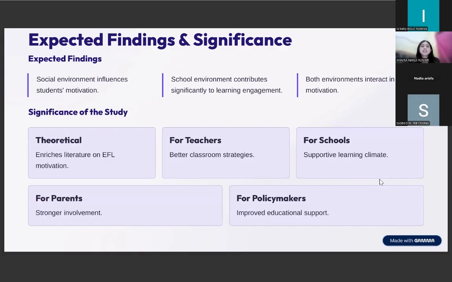The significance of my study is, first, theoretical: it enriches the literature on EFL motivation. For teachers, better classroom strategies. For schools, we need a supportive learning climate. For parents, we need stronger involvement. And for policymakers, we need improved educational support.